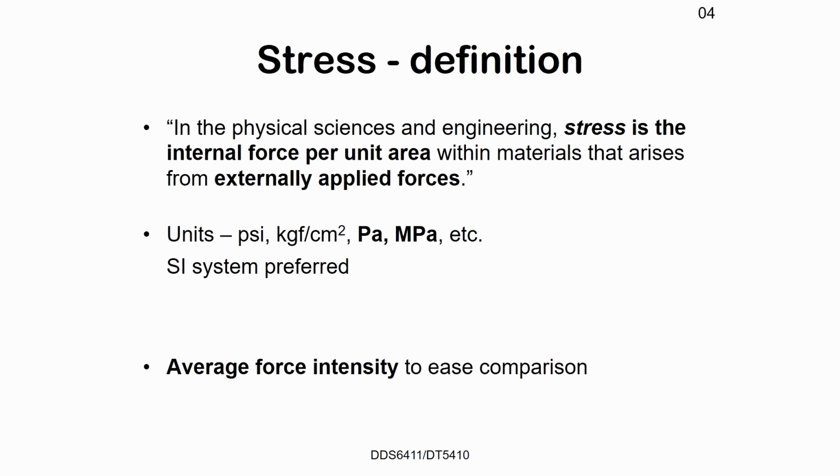In the same way, to compare stress, we divide the total force by the cross-sectional area that the force is acting on. So here you have a cylindrical material under tension. The force is F, the cross-sectional area is A, so the stress is F divided by A.